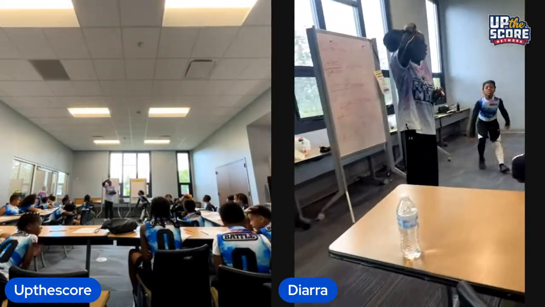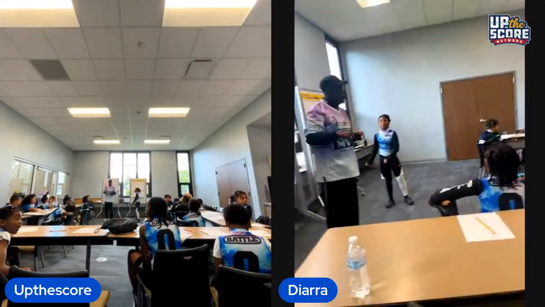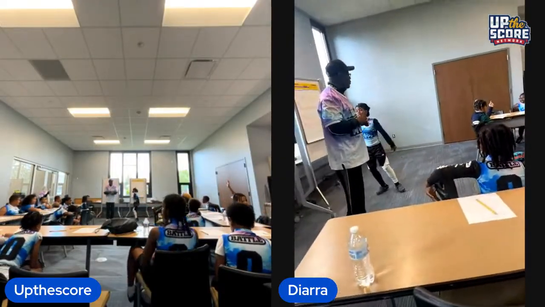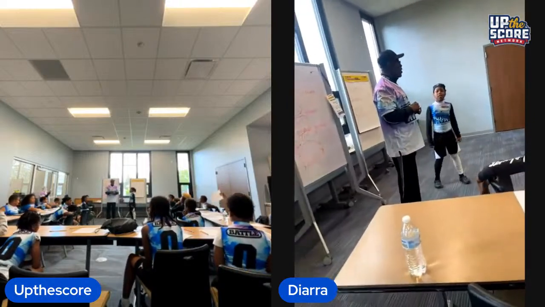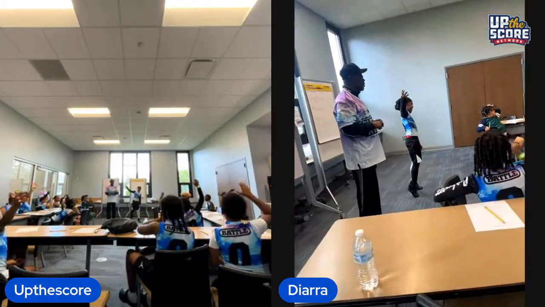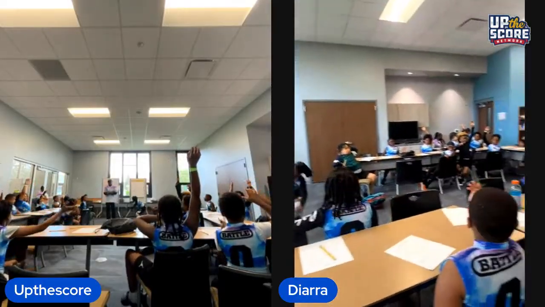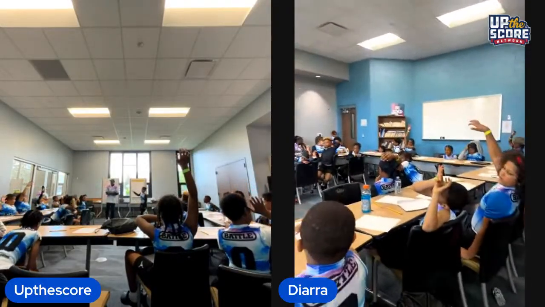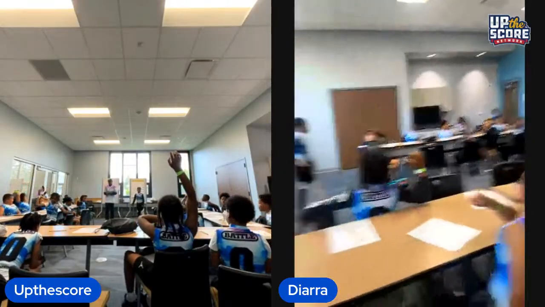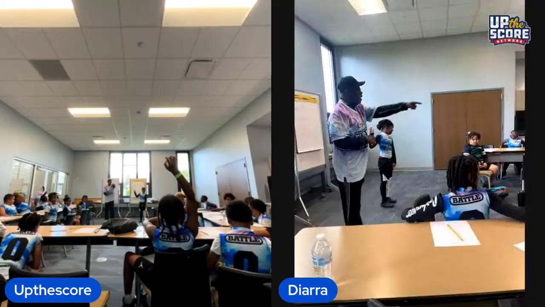Okay. So let me ask you a question. Who's ridden in the car before? Okay. So everything we're going to talk about applies to riding in the car as well as when we're going to football. Okay.